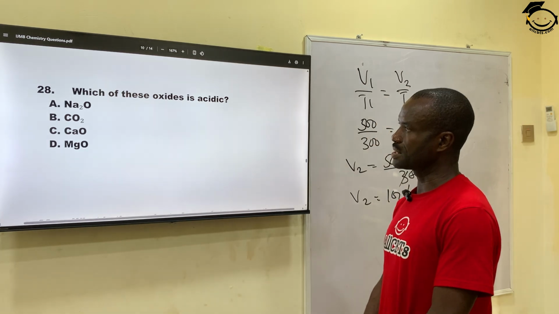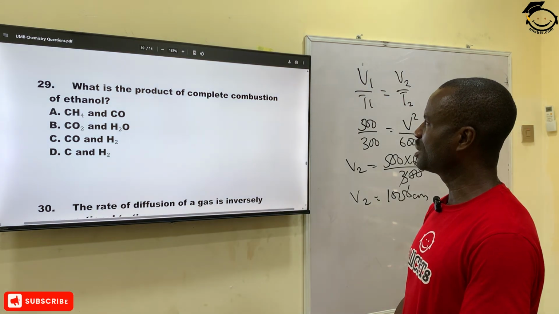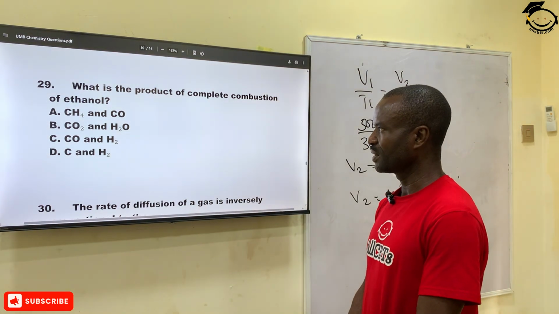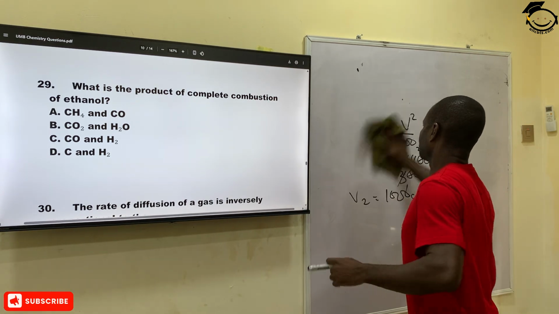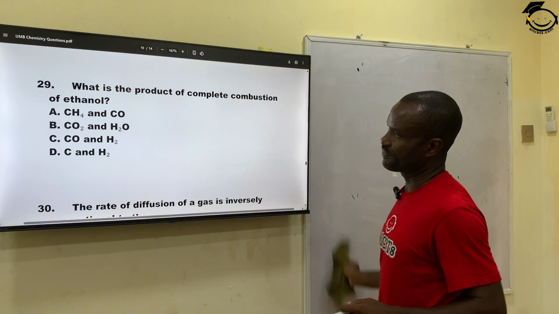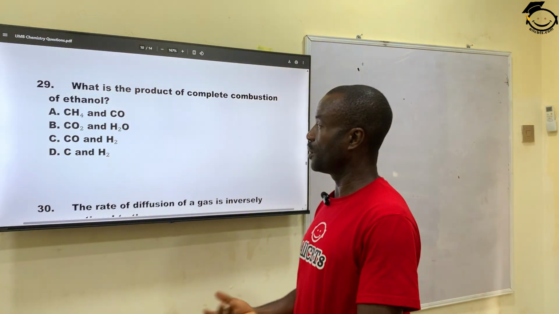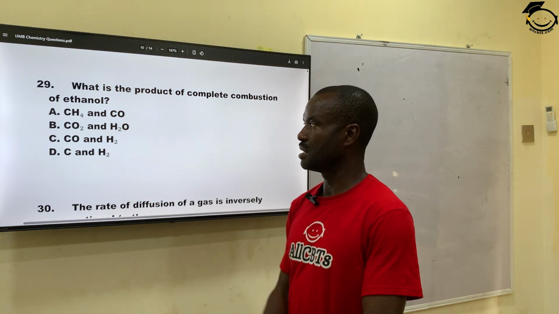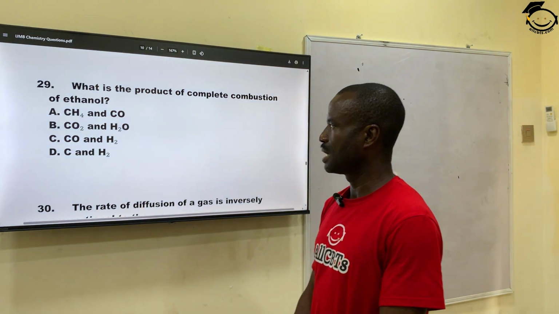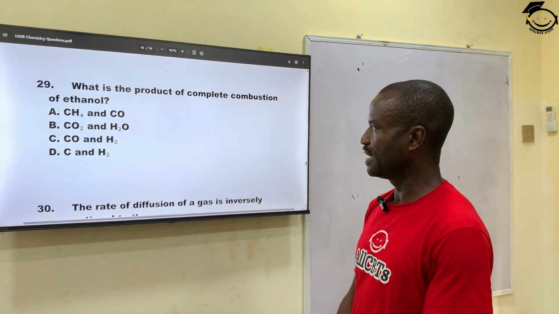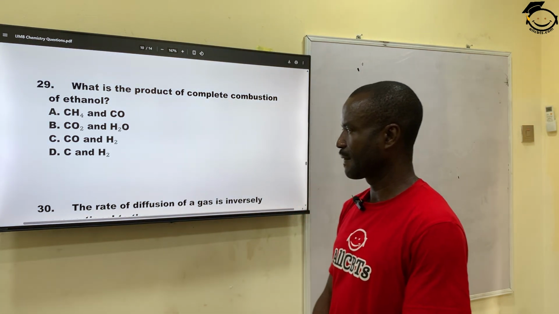All right. Question 29. What is the product of a complete combustion of ethanol? Ethanol reacts with oxygen or burning in air to give you A, CH4 and CO2, carbon 4 oxide and H2O, carbon monoxide, that's C, and hydrogen.